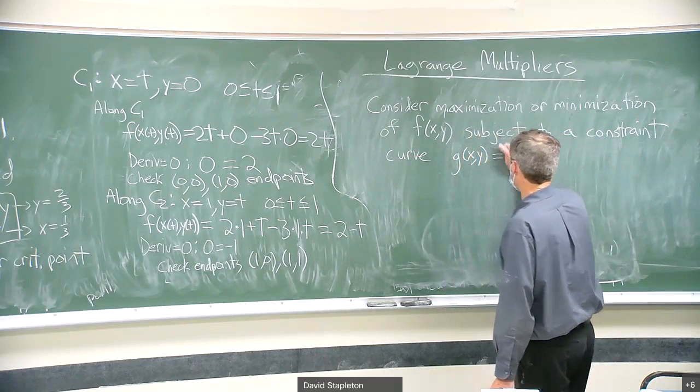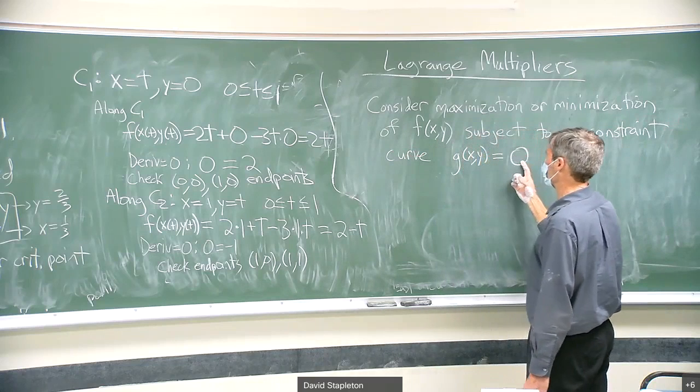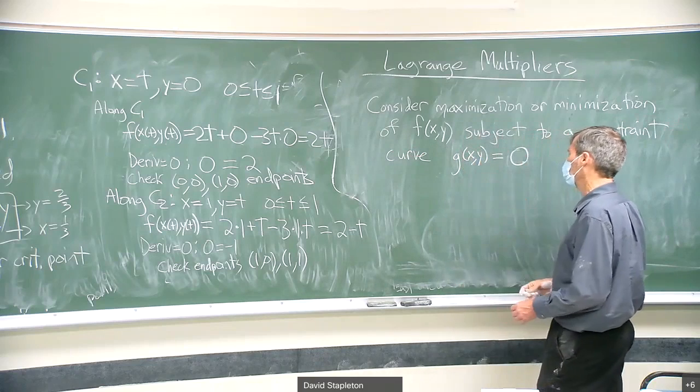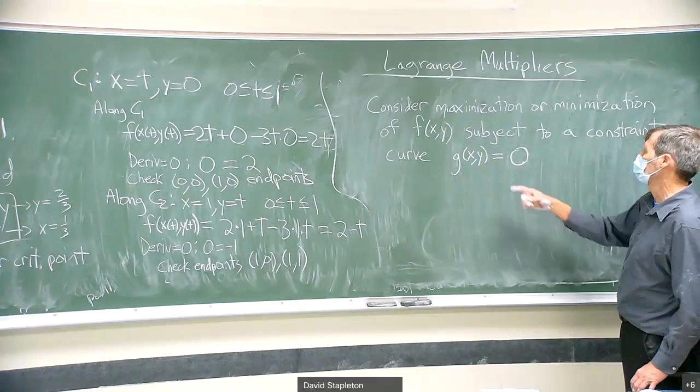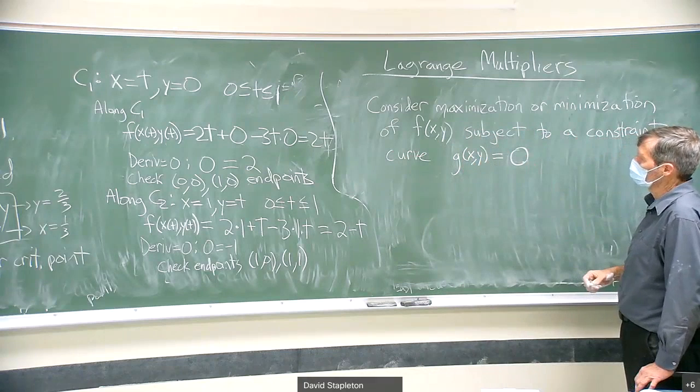Actually, it can be g of xy equals c more generally, because you might subtract c over and it's the same thing, but the book puts it as g of xy equals 0. Or just a general constraint curve given implicitly like that.